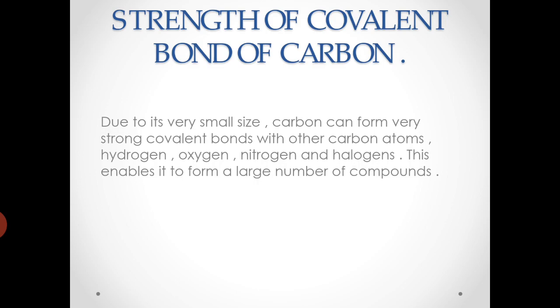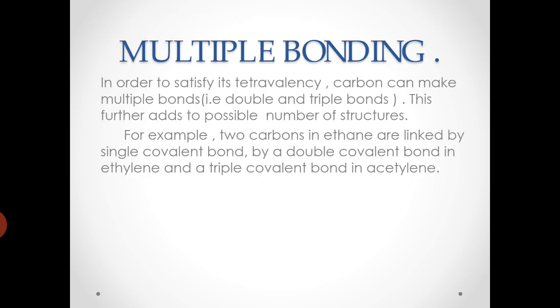It is the basis for the strength of the covalent bond of the carbon atom, because carbon is tetravalent and completes its octet by sharing of electrons. By sharing electrons, the bond will be covalent in nature. Clear this point?